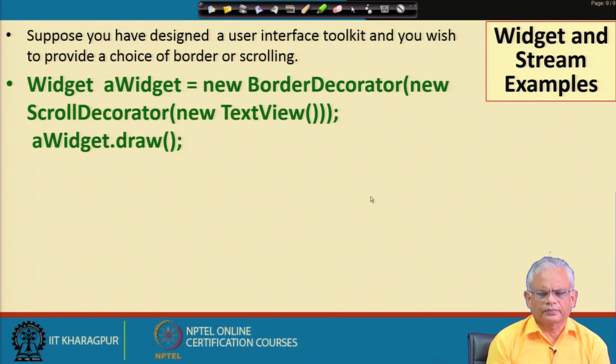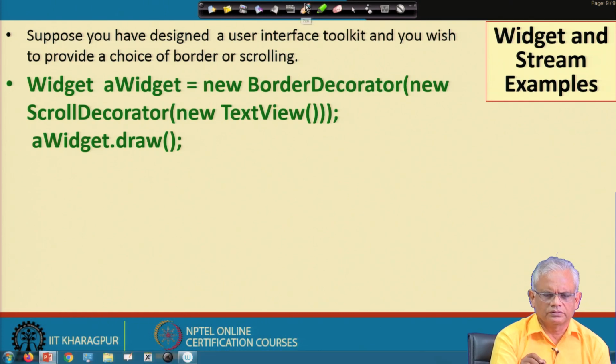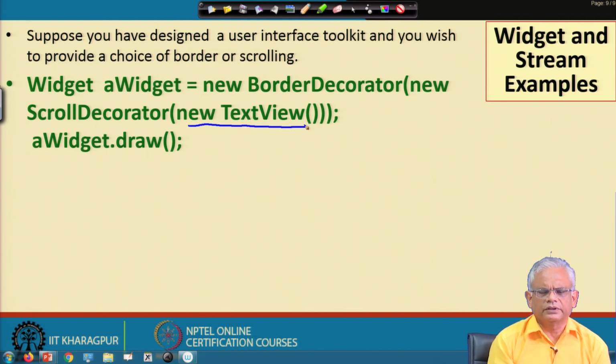Now, let us see the Java code. We create a text view and then we attach a scroll decorator, that is a scroll bar, to the text view, and then we attach the border.